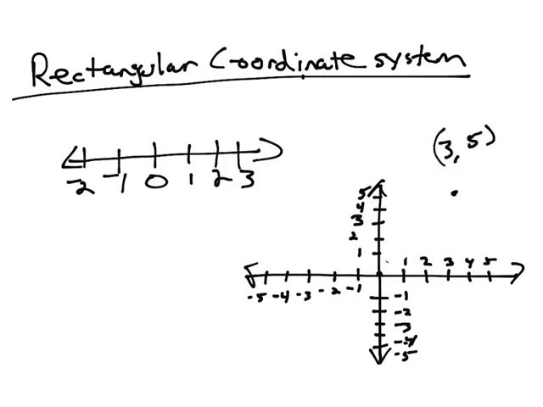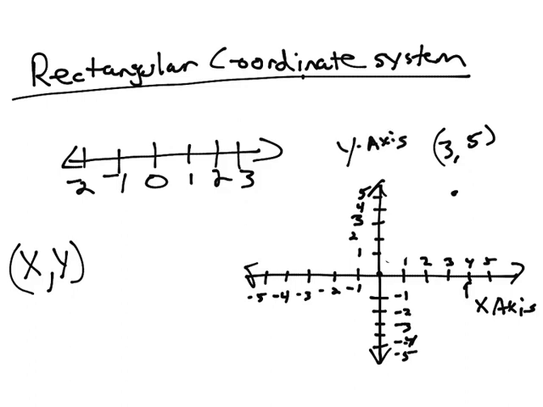Our points always look like the x-coordinate, comma, the y-coordinate. Because this horizontal line we call the x-axis, and the vertical one we call the y-axis.